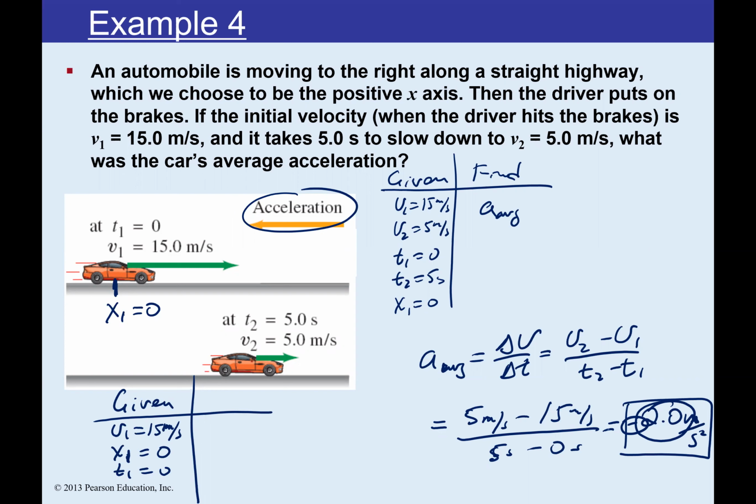So that's something you should try to remember. If you're slowing down, that means acceleration is always in the opposite direction of the velocity. Velocity is positive, acceleration negative. If you're moving to the left and slowing down, it means velocity is negative, acceleration is positive. So it's not necessarily that if you're slowing down, acceleration has to be negative. No, acceleration is in the opposite direction. That's why you're slowing down.